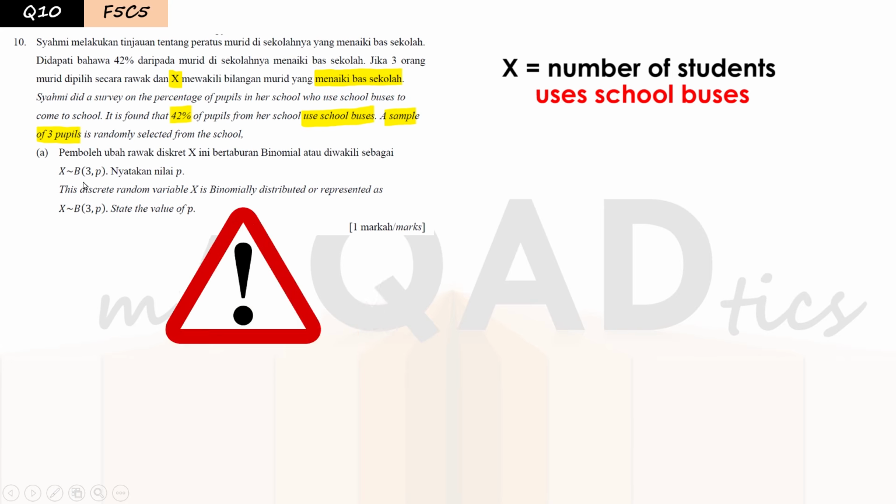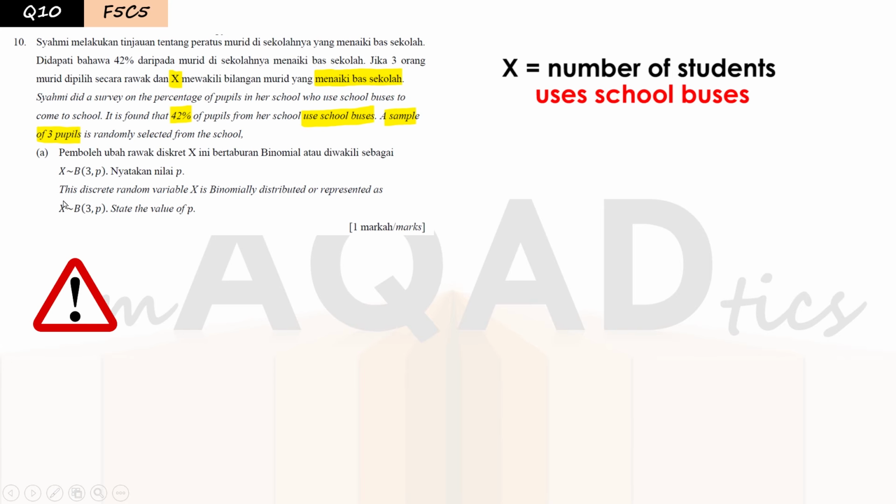So what is this? X here is the random variable X. This curvy line is called "follow". So X follows B. What is B? B is binomial distribution. So X follows binomial distribution with the parameters of 3 and P here.